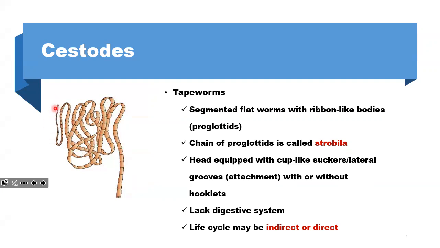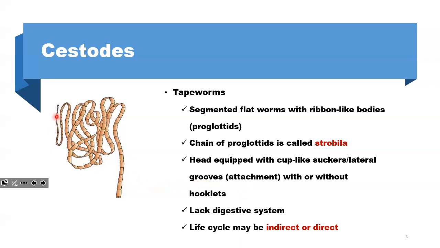If you get the entire structure expelled in stool samples, we can also look at the head portion, which is usually the smallest part of the entire worm, and we can make a diagnosis of the type of species causing infection. The head has what we call suckers or grooves, depending on the species you are dealing with.